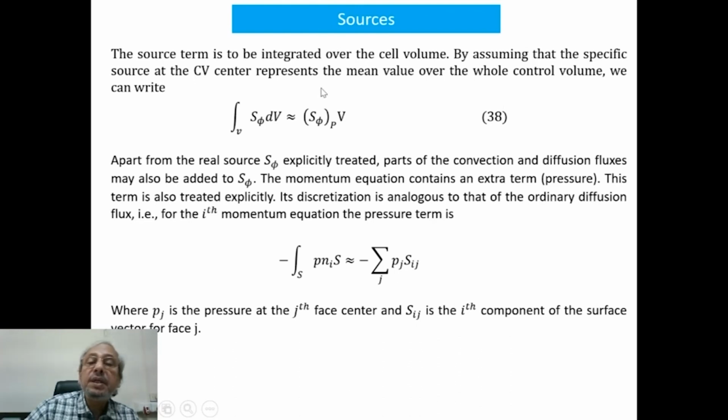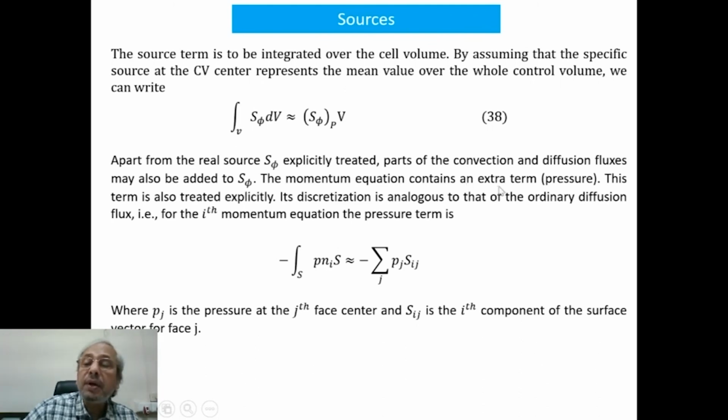This is to be integrated over the cell volume by assuming the specific source at the control volume center. Then we can write that volume integral of S phi dV is S phi defined at point P into the cell volume. So apart from S phi explicitly treated, parts of the convection and diffusion fluxes may also be added to this term.